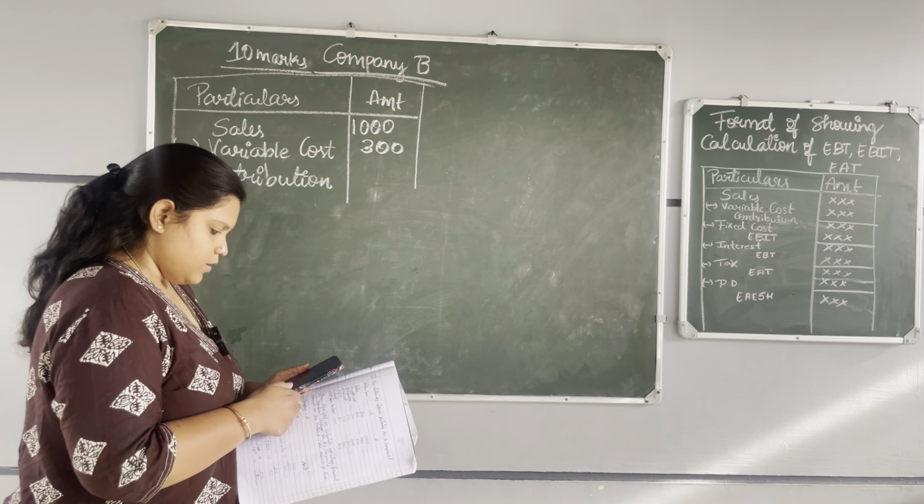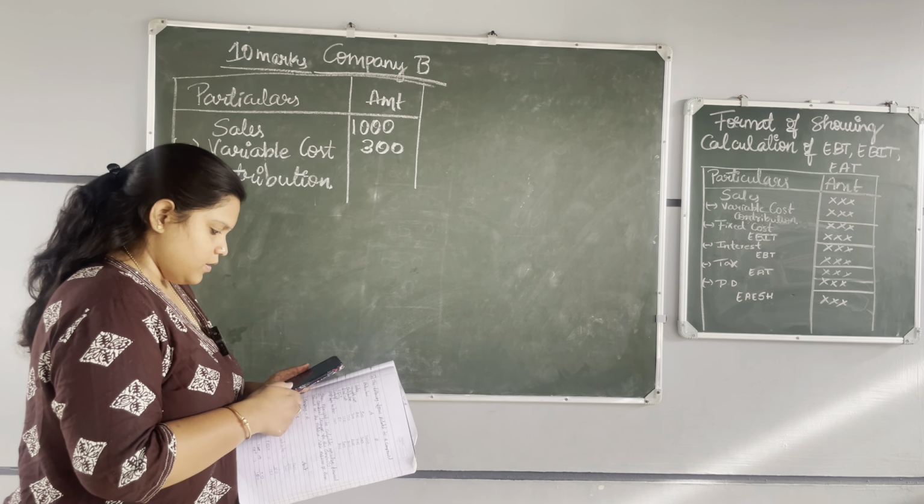Take a calculator and do the calculation. 700 divided by 300. We are getting 2.3 times for the operating leverage.